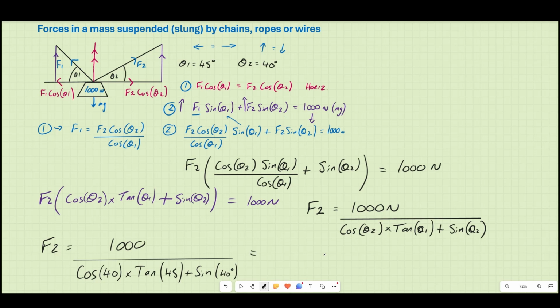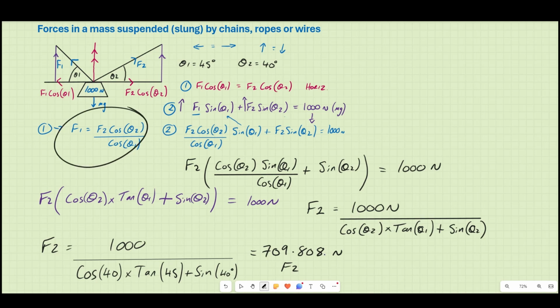That comes out as approximately 709.808 newtons. So that's F2. So now we've got F2 as roughly 709 newtons.